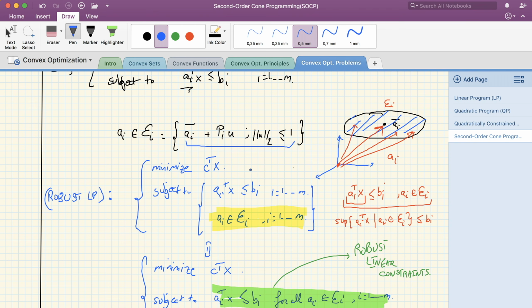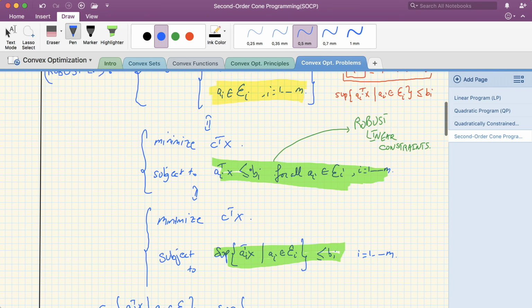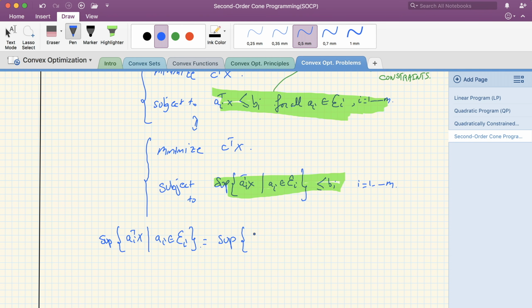This is the form AI is expressed with. So I'm going to replace it simply with AI bar plus PI U, all transpose with X, where the norm of U is less than 1, right?